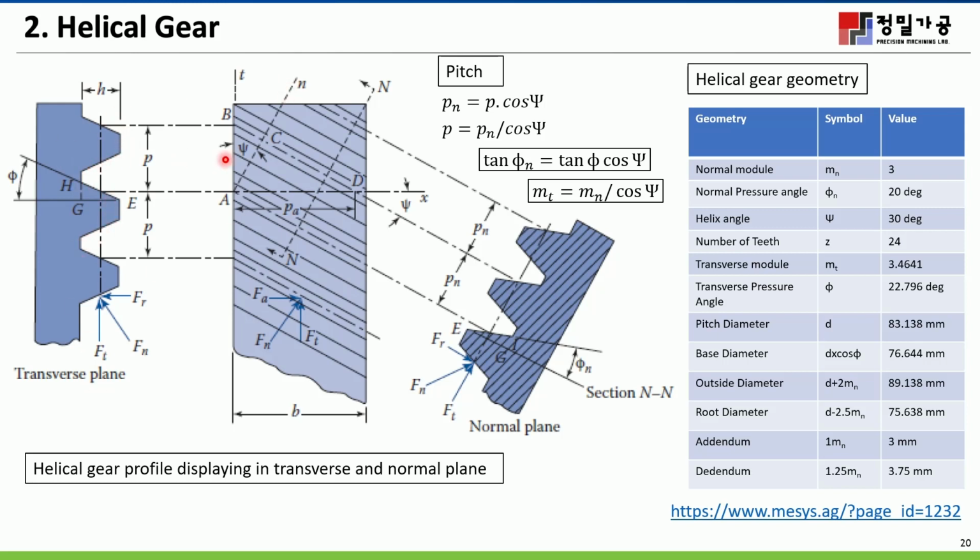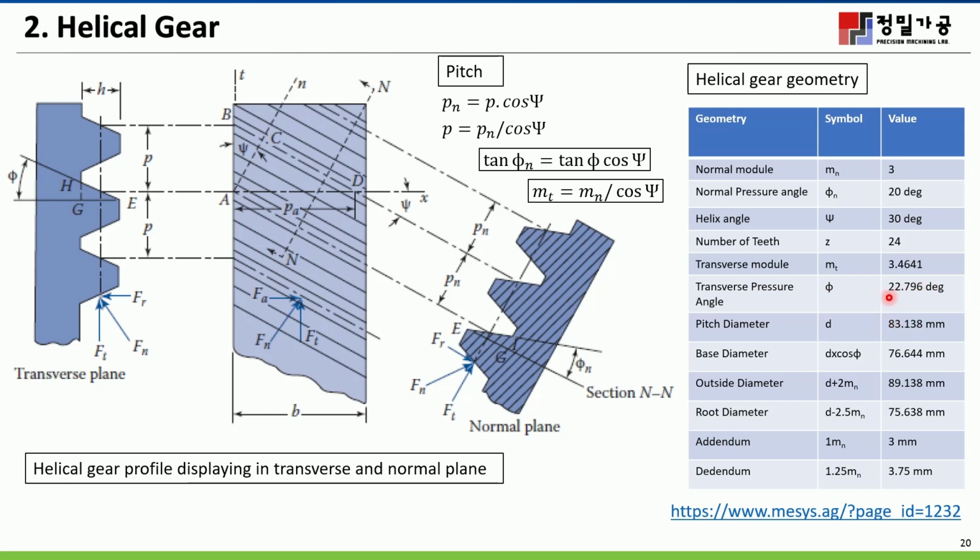We don't draw the cross section from the normal plane. So we calculate the transverse module first and then the transverse pressure angle based on this relationship.